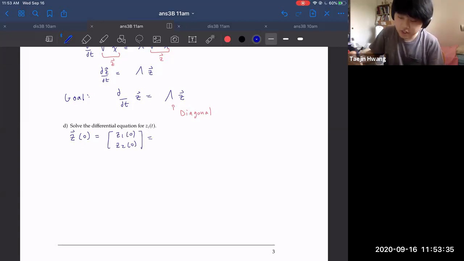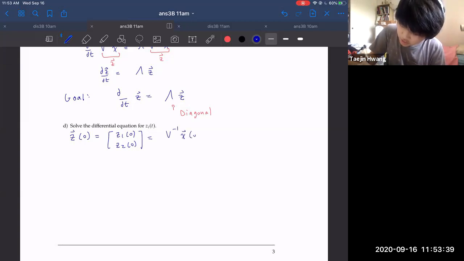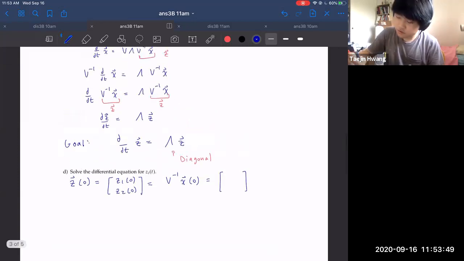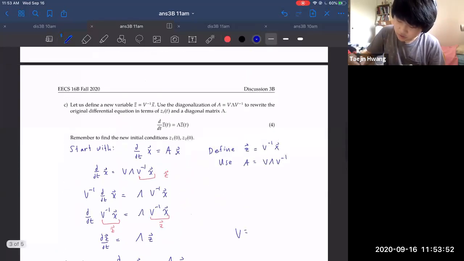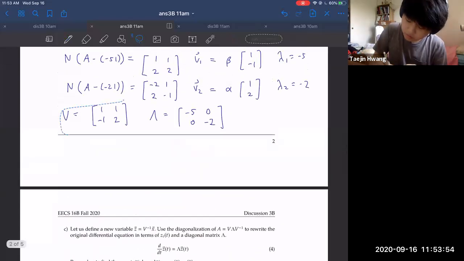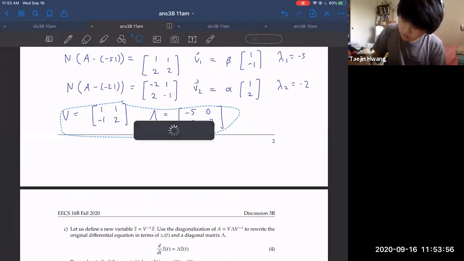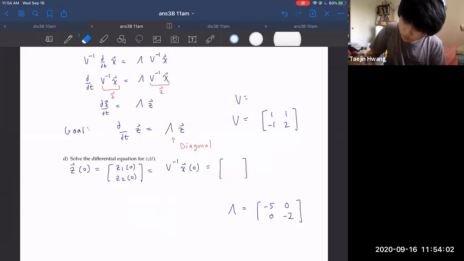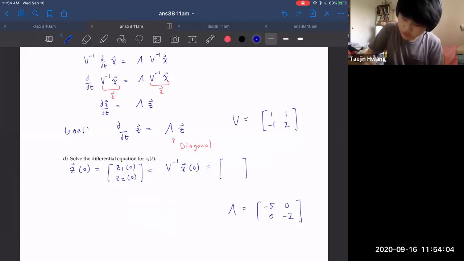We find them by taking V inverse times the initial conditions in x. V is 1, 1, negative 1, and 2.